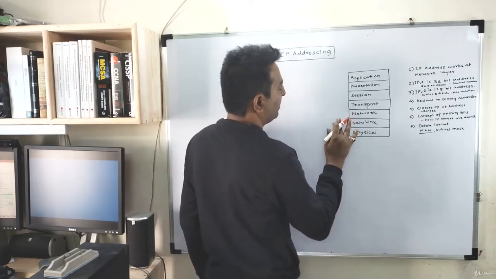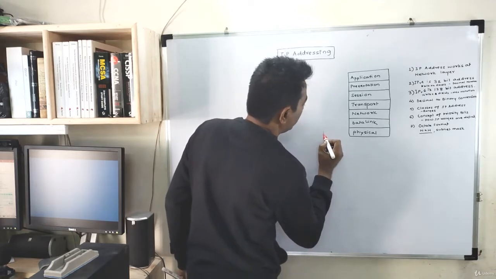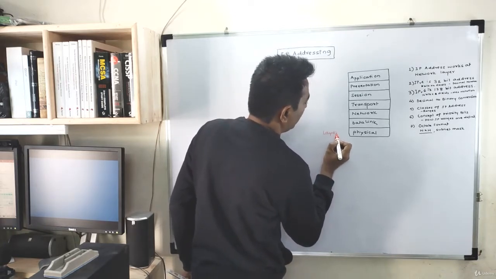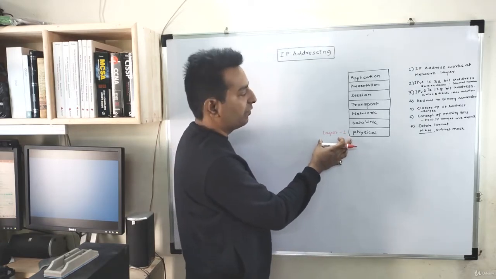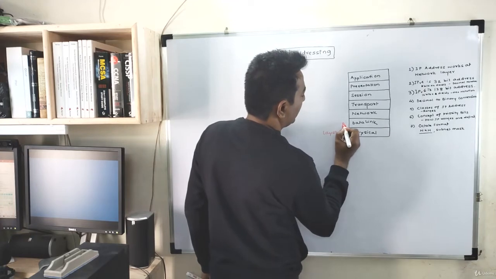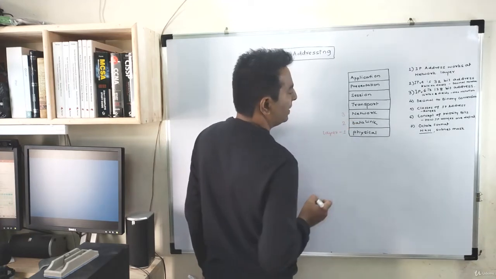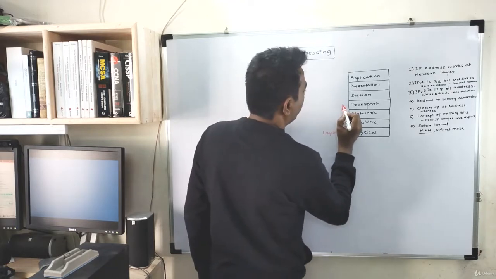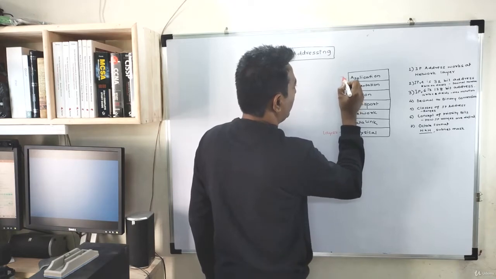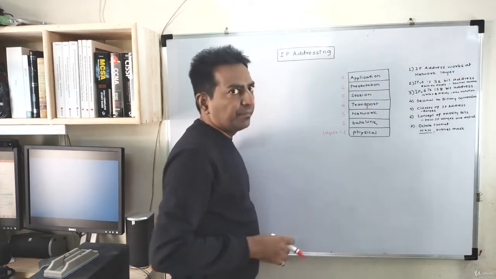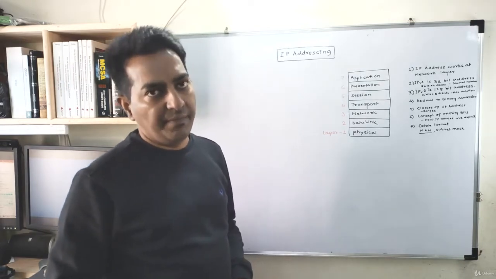If I have to give the numbering to these layers, the physical layer is layer 1, then the data link layer comes at layer 2, then the network layer is layer 3, and so on. The application layer in the OSI model works at layer 7.